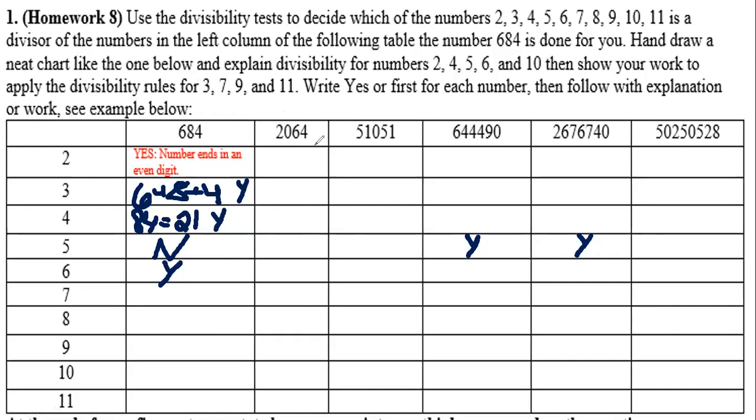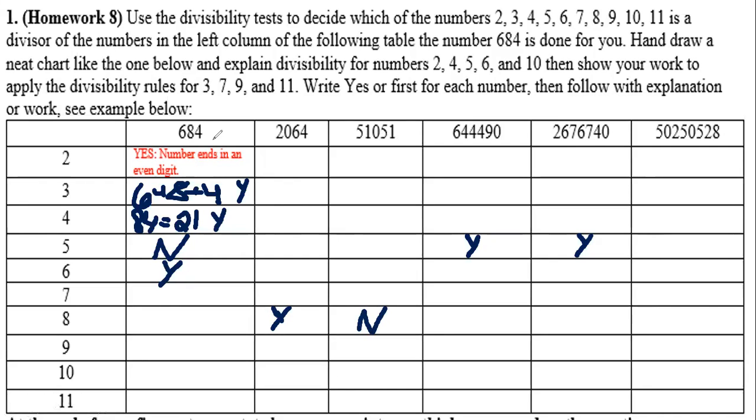The last 3 digits are 064. 64 is divisible by 8, so 2064 is divisible by 8. Whereas 51,051 is not, because the last digits are 051, and 51 is not divisible by 8. So the whole number is not.